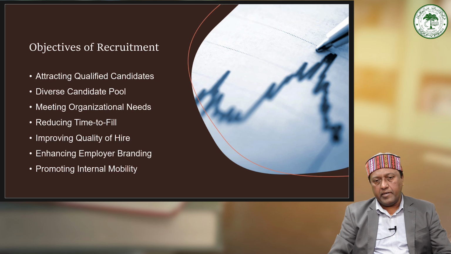One more important activity of recruitment is enhancing employer branding. Just now I told you how the brand becomes important, and a brand is never built in a day. You have to consistently work hard, 24 by 7. Your teachers, your researchers, your employees, your professionals, they have to consistently work hard. Then only are you in the top 10, top 15, or top 50.